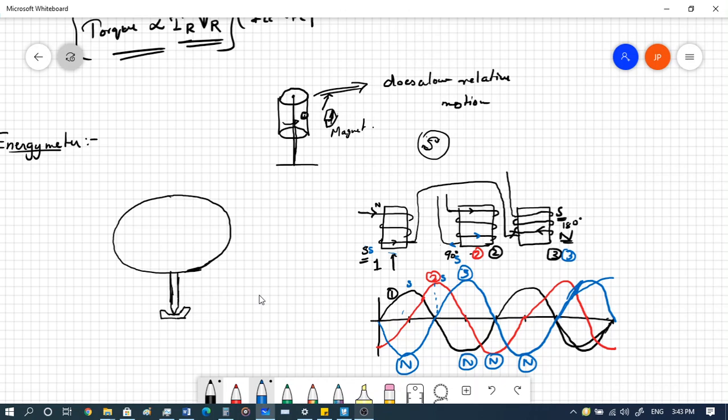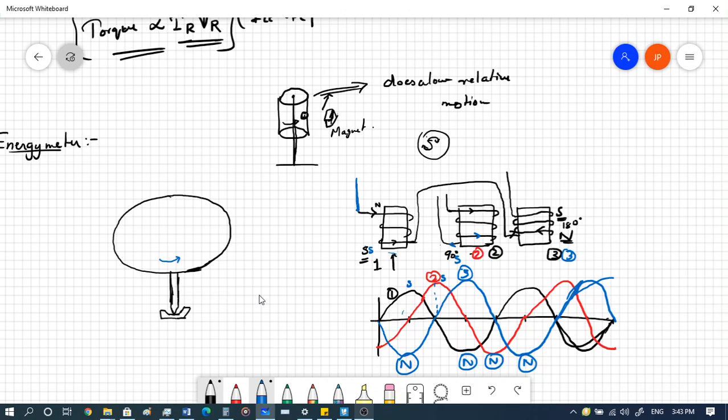The energy meter also has a circuit diagram very similar to your wattmeter. The circuit is exactly the same. It has 2 current coils and 1 pressure coil. That is how it works. And the only thing is that it is placed in such a way that it can produce a rotating magnetic field which will enable this disk to rotate, right, in any of these directions. So that is how this is being done.